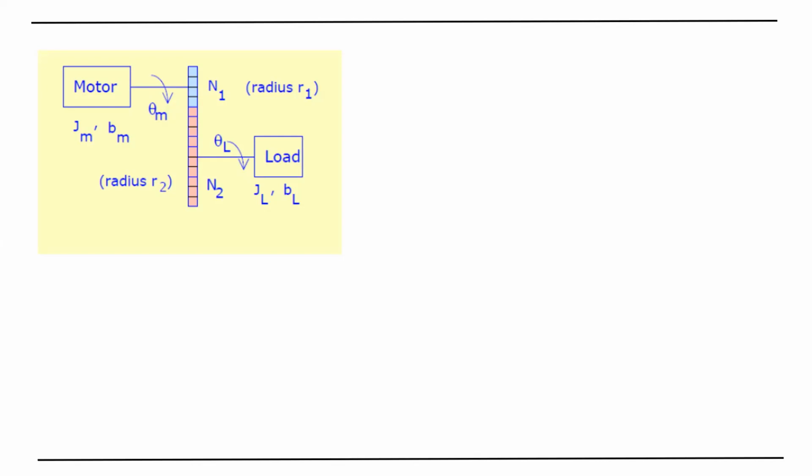In the gear, what do we have? The radius, the turns ratio. We have what we call the teeth. So N1 is the number of teeth on the motor side, and N2 the number of teeth on the second side.